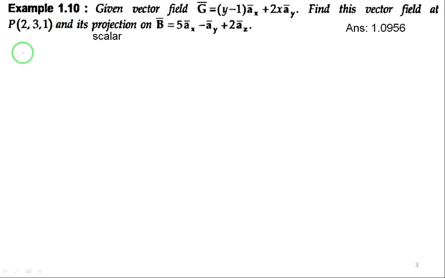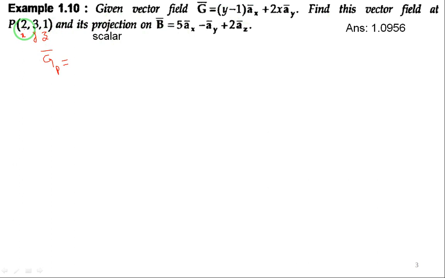So as per the requirement, we will first find the G vector at point P. Point P is given, that is 2, 3, 1. Value of x is 2, value of y is 3, and value of z is 1.